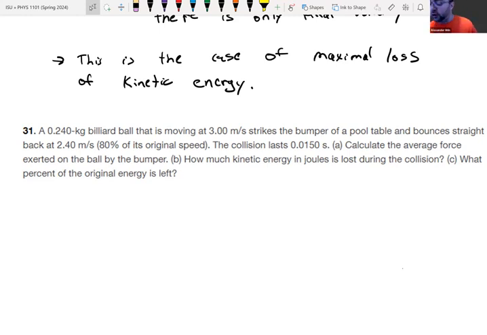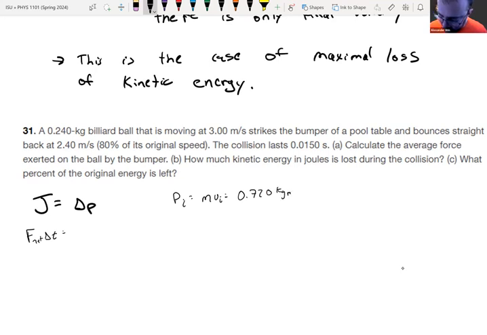But we can use our impulse equals delta P equation. Impulse is F net delta T, and then the delta P. P initial is just m v initial, so it'd be 0.24 times 3, which is 0.72 kilogram meters per second.